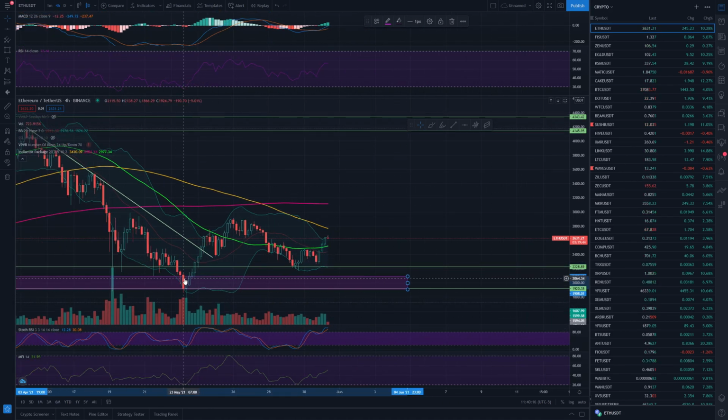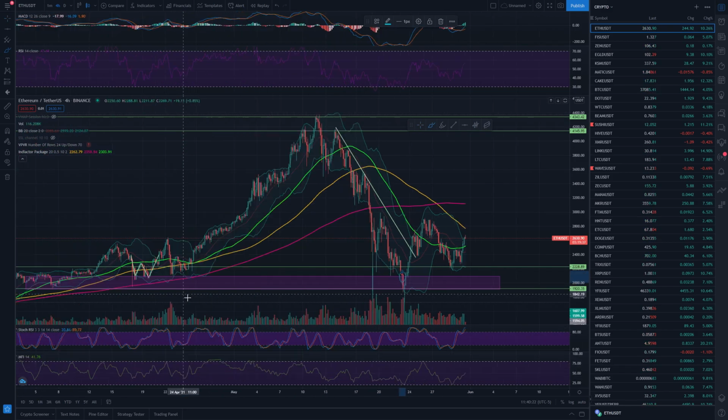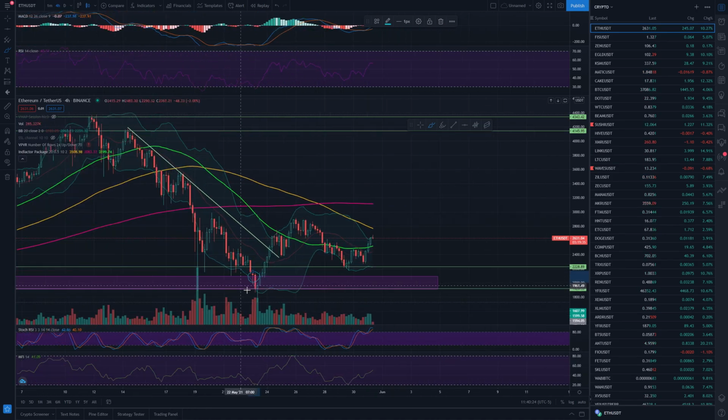Right here, you would enter your trade because this is a really strong support area for Ethereum. But then as it goes down more, you buy more. So at the top position right here, you don't buy a full position, you buy like a fourth of the position. Then you buy more at different levels in this area, essentially averaging down.